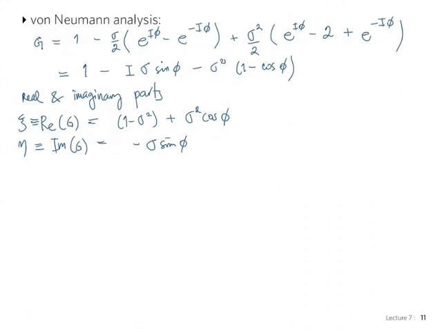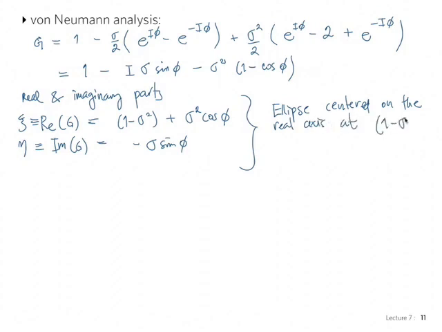So in the complex G plane, again we have an ellipse. This is going to be an ellipse centered on the real axis at the point 1 minus sigma squared with semi-axis of sigma squared along the real and sigma along the imaginary directions.